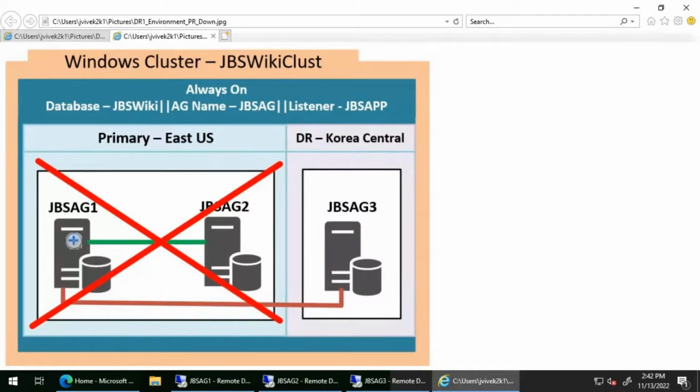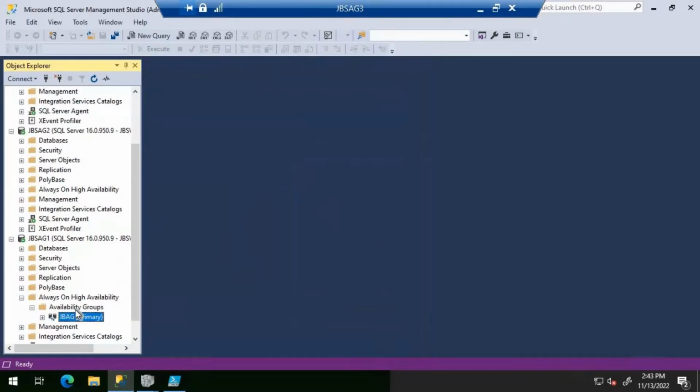And once JBSAG1 and JBSAG2 come online in the primary region East US, we will have to fail the AG back over from JBSAG3 to JBSAG1. So let's look at the Always On availability group dashboard.